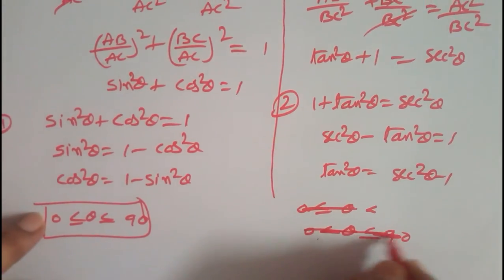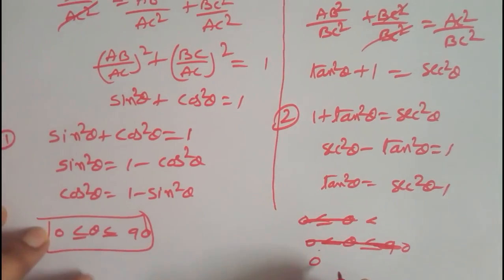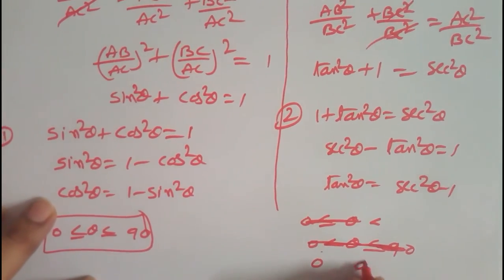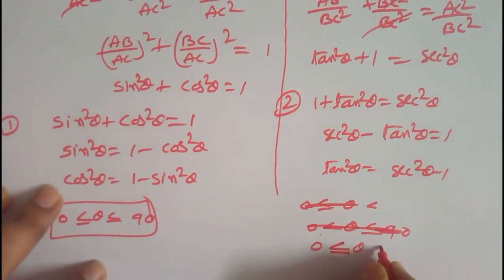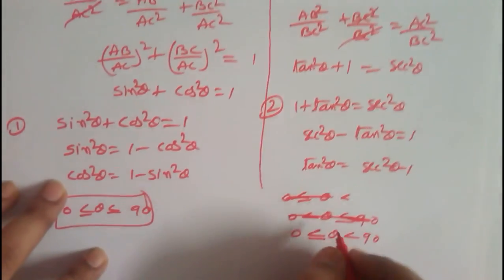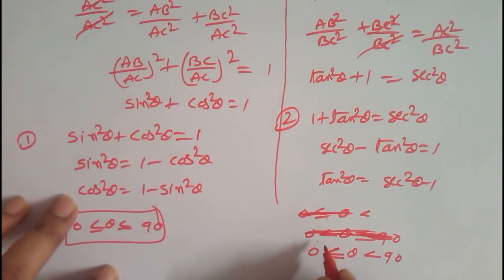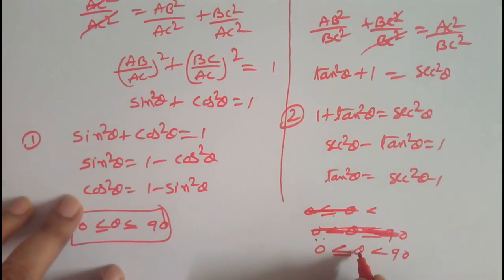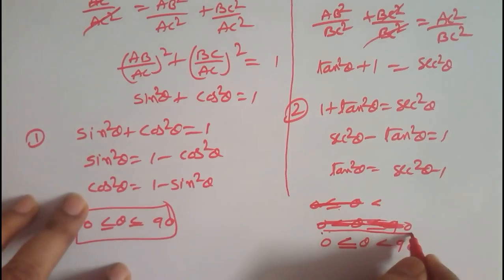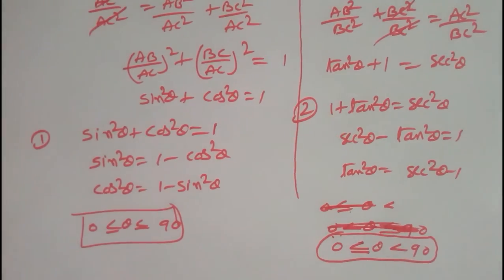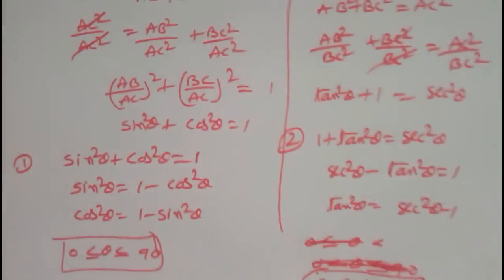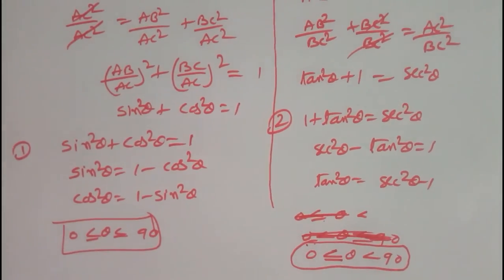The condition is mistaken. Theta greater than or equal to 0 less than or equal to 90 is wrong. Theta greater than or equal to 0 and less than 90. Why? Because tan 90 is how much? What is the tan 90?